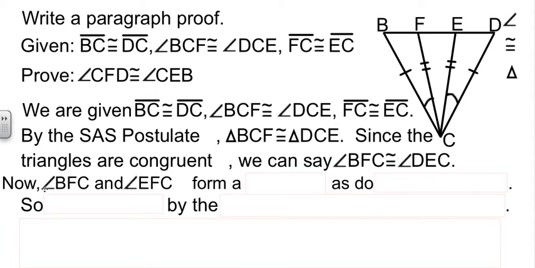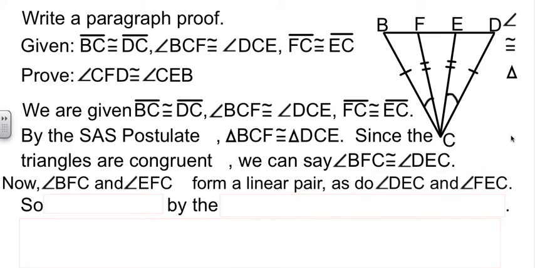Shame, shame. Now, since I know BFC and EFC form, what do those two make? BFC and EFC. They make a linear pair. And so do DEC and FEC. Those are both linear pairs, which means they're both supplementary angles.